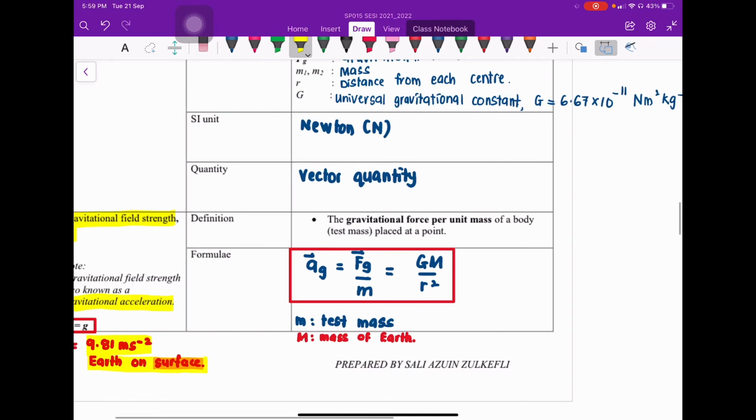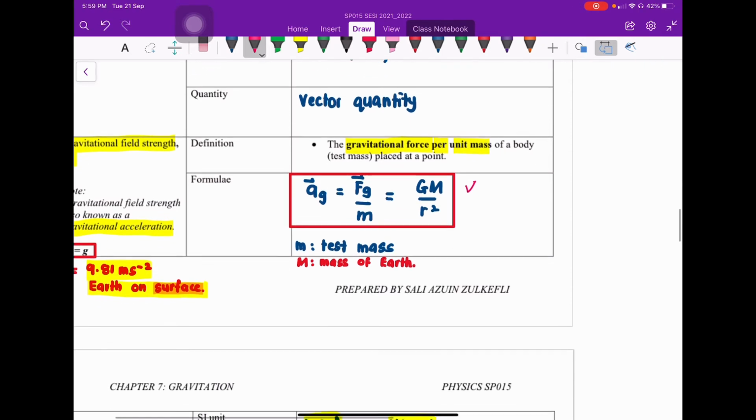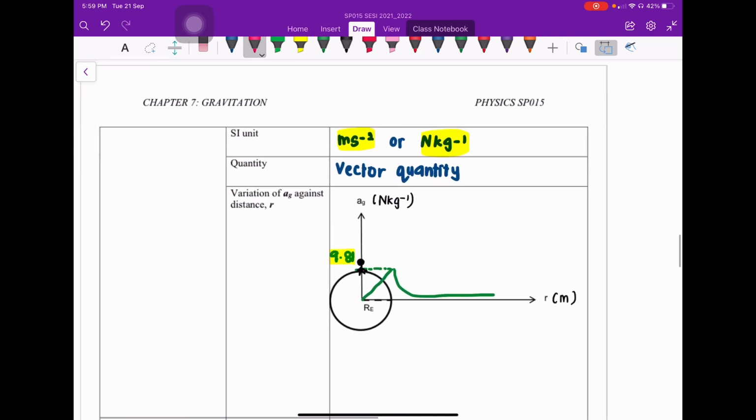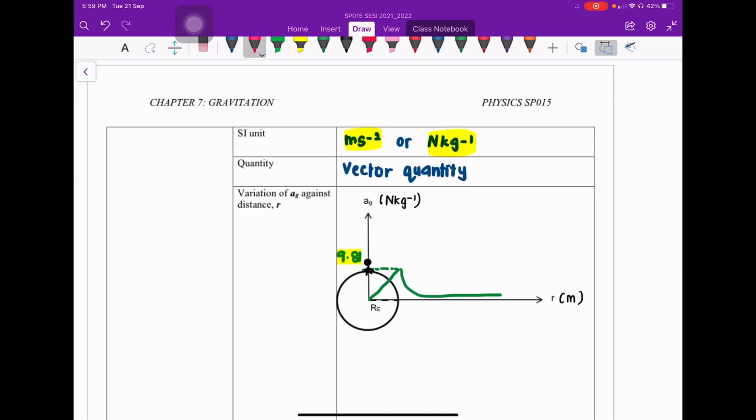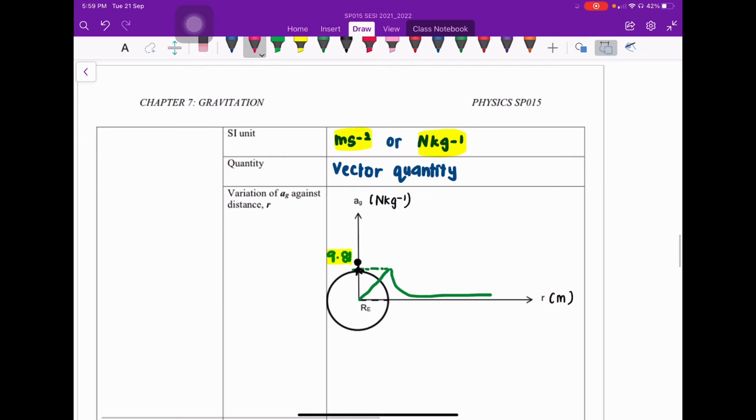What is gravitational field strength? Gravitational field strength is the gravitational force per unit mass. So look at the equation here. Next, the SI unit for gravitational field strength is meter per second squared or Newton per kg.